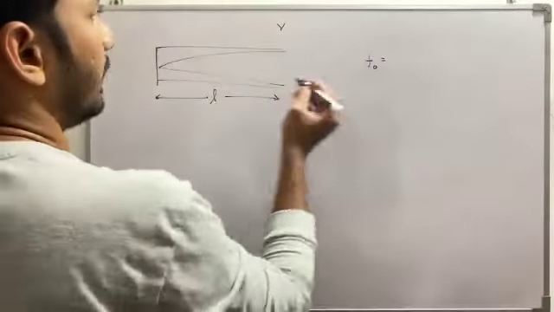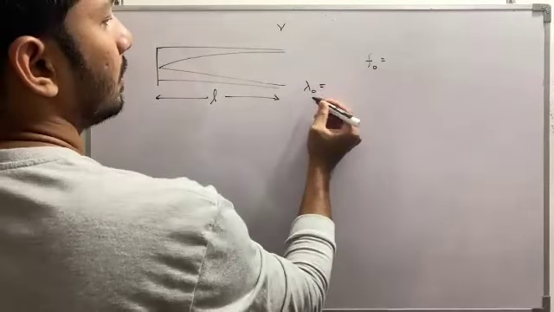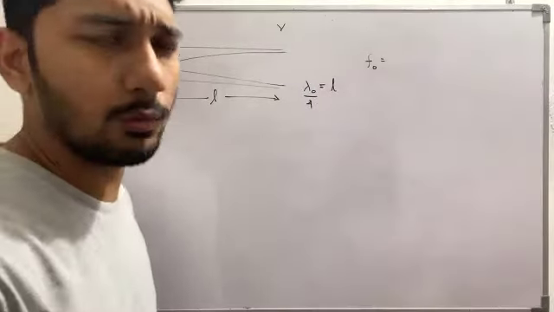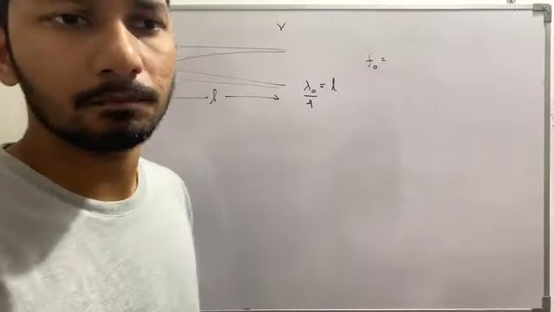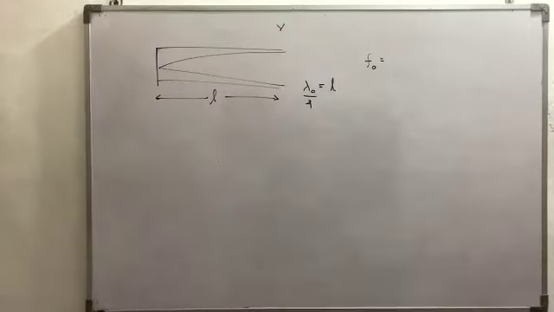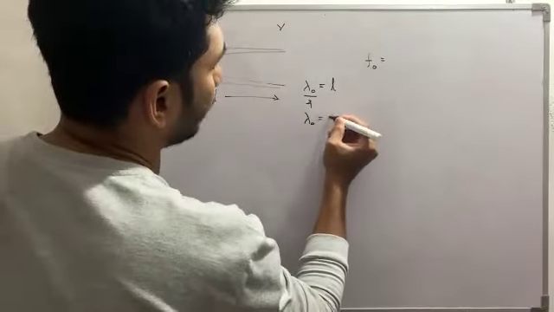If the wavelength is lambda naught, lambda naught by 4 will be L. Any questions? Okay, that's all right. So lambda naught will be equal to 4L.